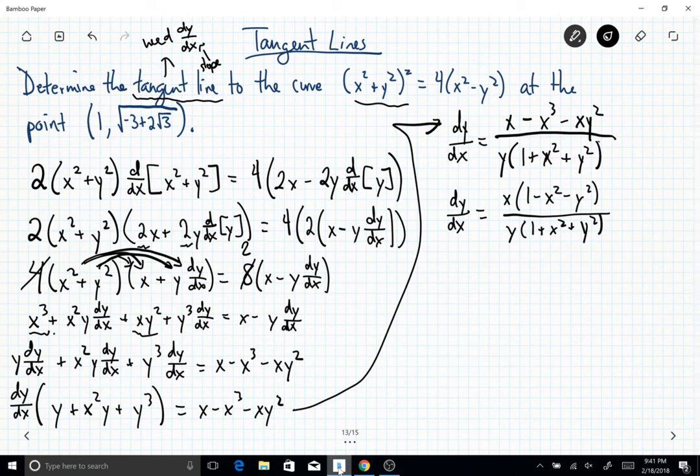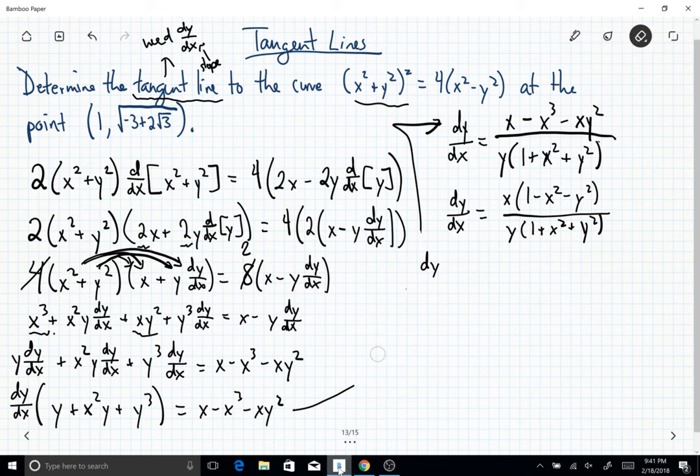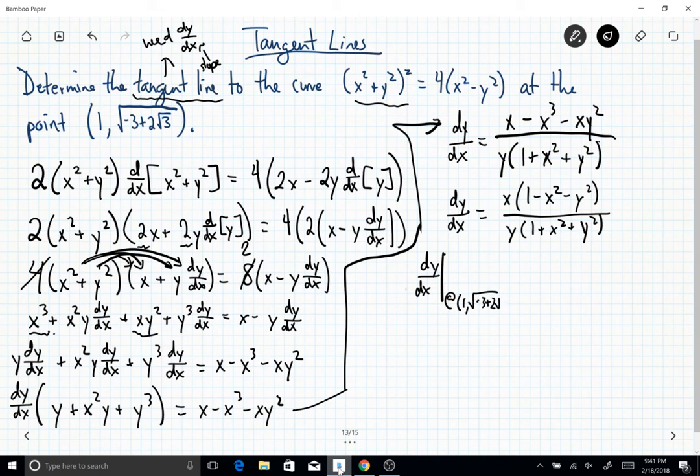So now at the point 1 and then this nasty square root business, we want to find the slope. So let me kind of mix and match here. If we have dy/dx at the point 1, square root of negative 3 plus 2 root 3, what the heck does this mean?